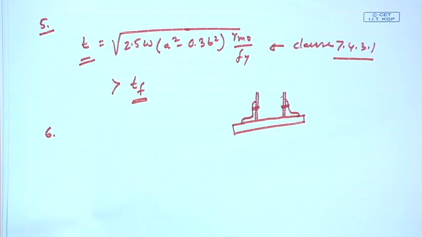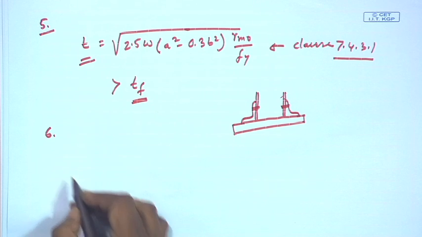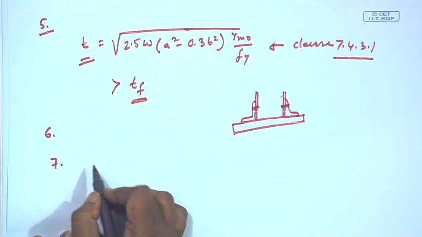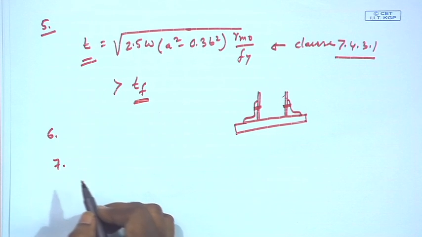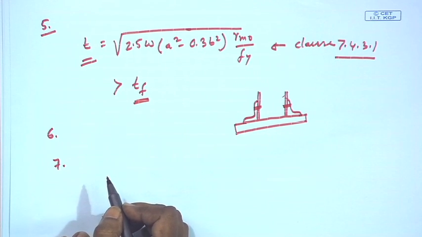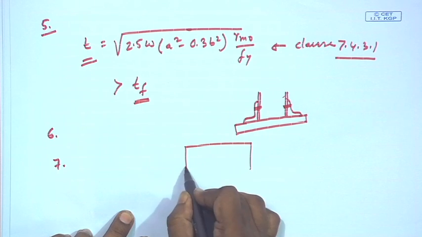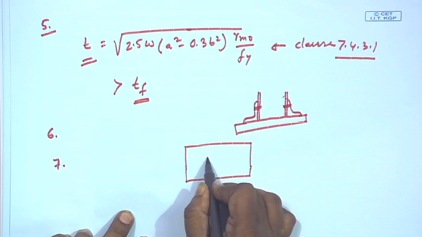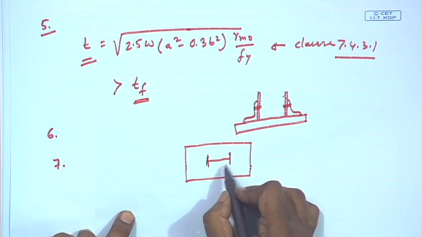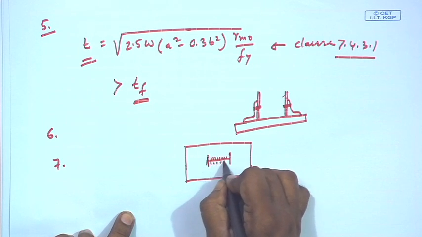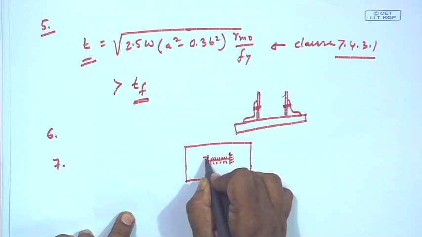Okay. And if we provide the weld, then in step 7 we can find out the weld length connecting the base plate with the column. If the column is connected with the base plate, then we will find out the available weld length and the required weld length.